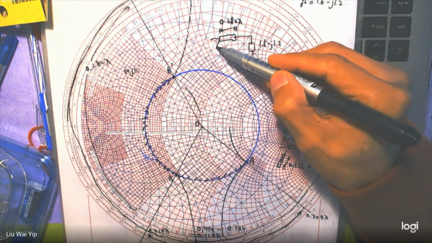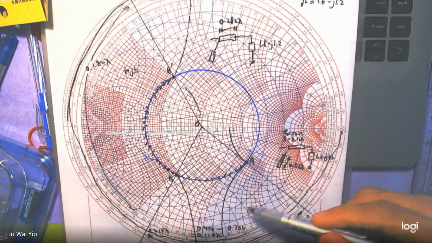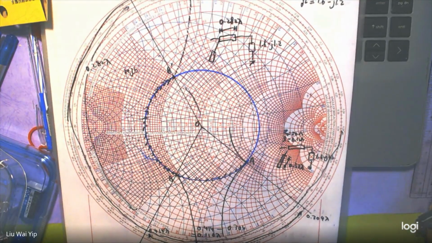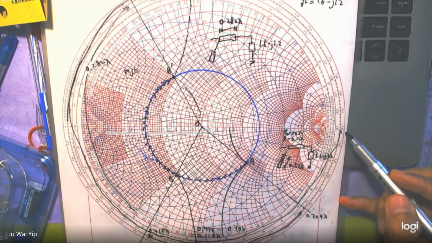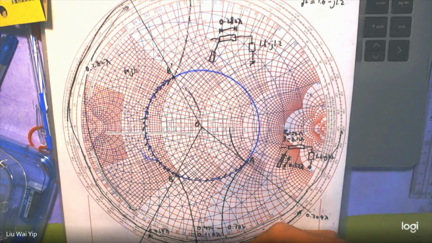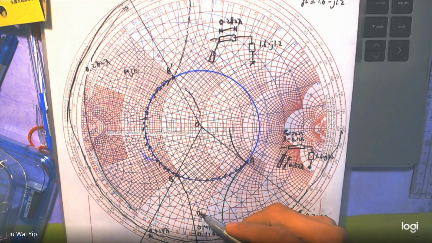The open circuit stub that you require, according to my estimation, counting from this point, this one is 0.25, while this one is 0.38.